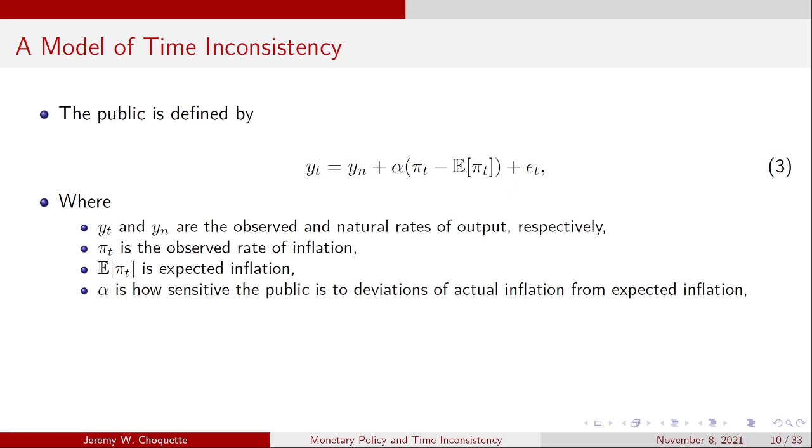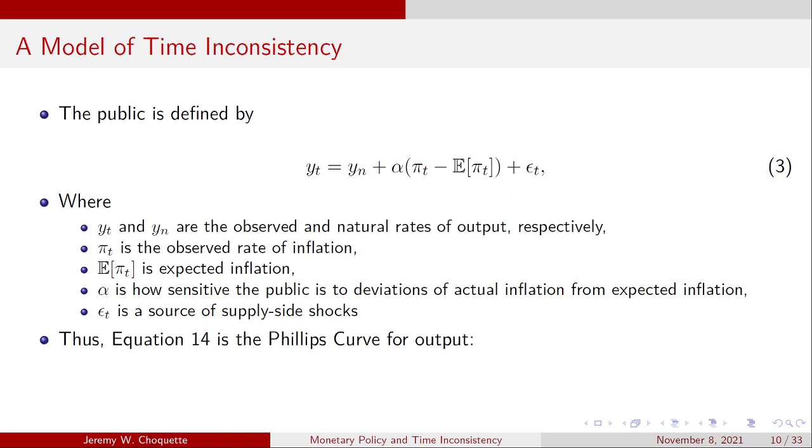If actual inflation is above expected inflation, it's going to increase output, Y_t, by alpha times that deviation. We'll go through this in a second, don't worry. Epsilon_t is a source of supply-side shocks.